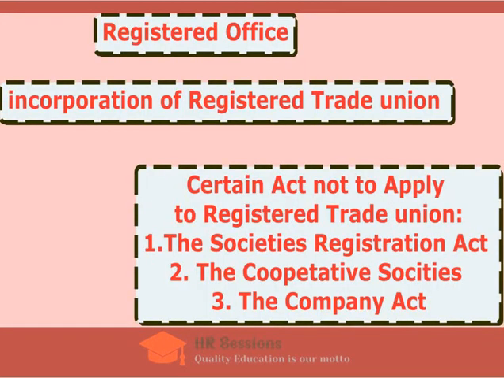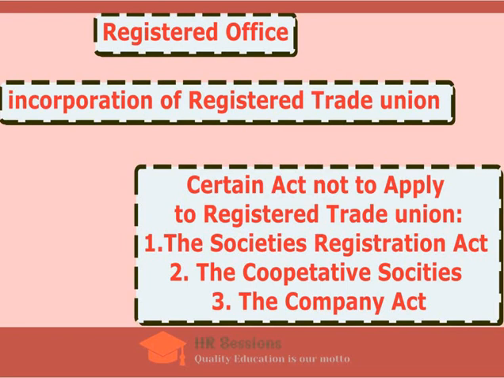Right. Now the registered office. What is the point of the registered office? The registered office is under Section 12. Whatever communication and notice is sent to the registered trade union is addressed to the registered office.